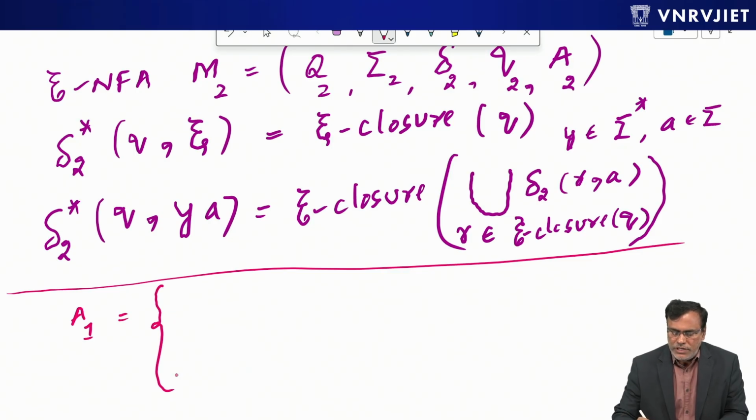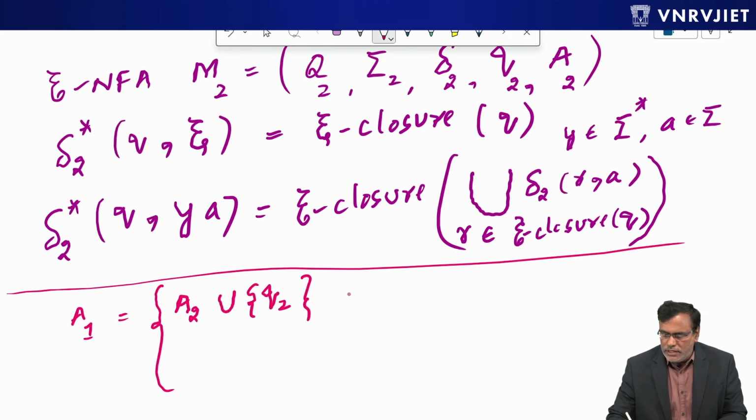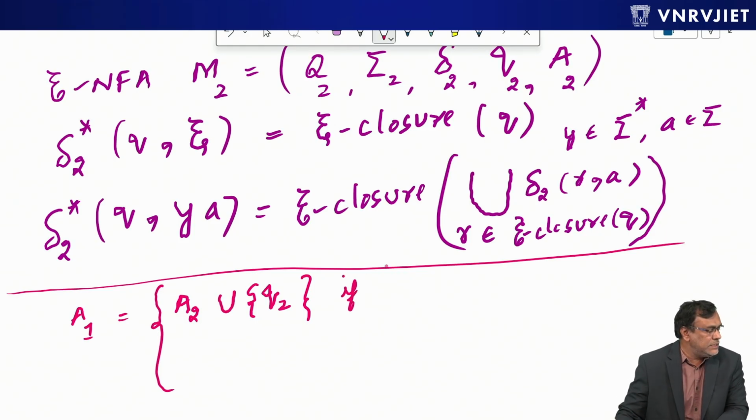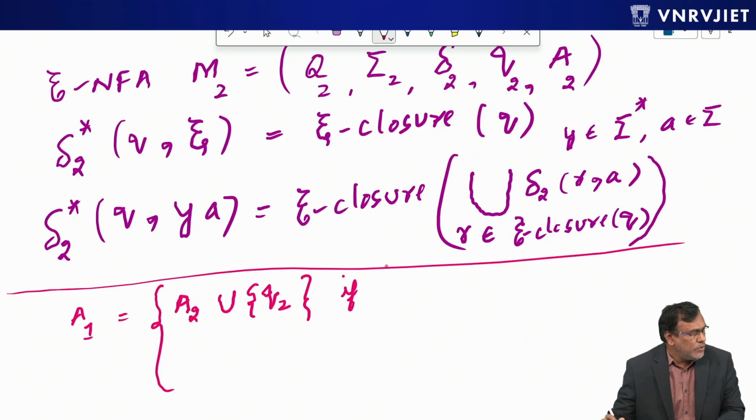The rule says A1 is equal to A2 union q2 if this is the condition. What the condition says is this: epsilon closure of q2 intersection A2 is not equal to phi.